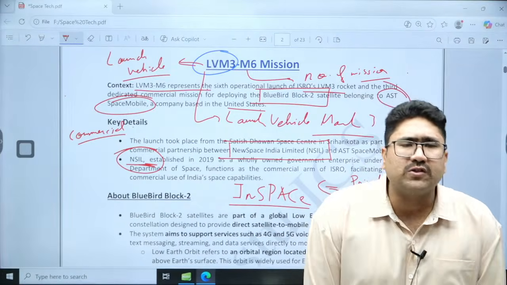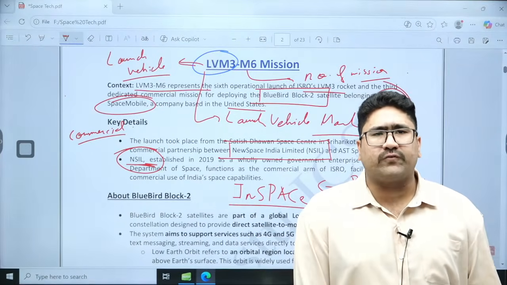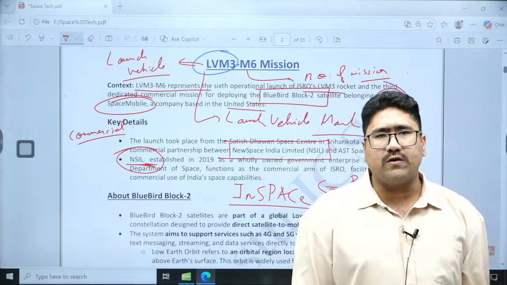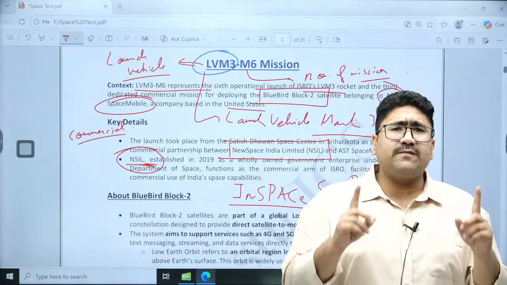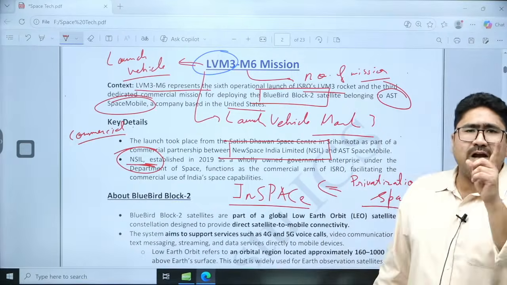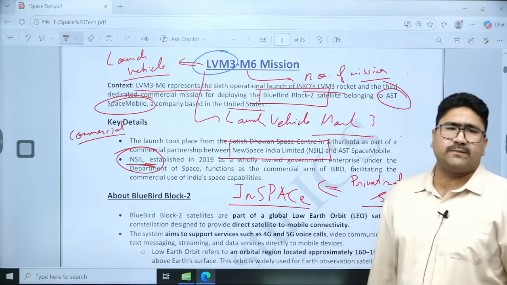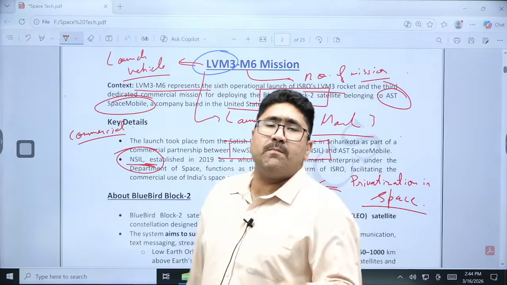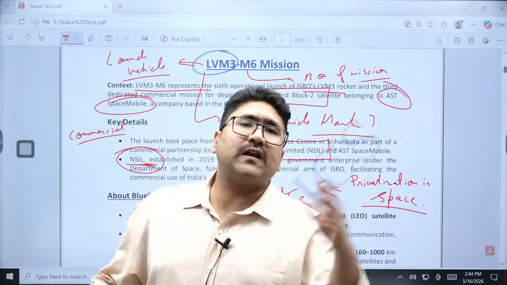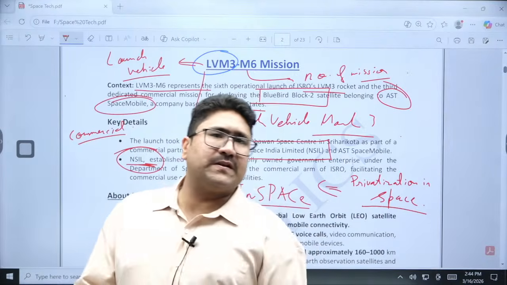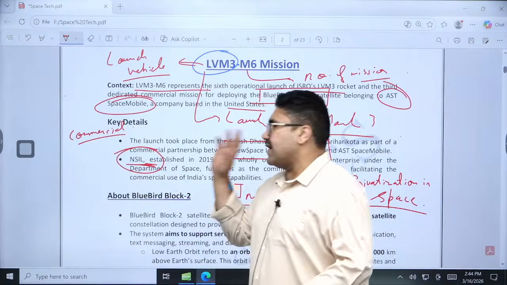IN-SPACe is responsible for privatization of space. That means any space activity of India where ISRO is not involved, that business will be dealt with by IN-SPACe. Any space activity where ISRO is involved but it is commercial, where other countries require that service, that business is taken care of by NSIL.